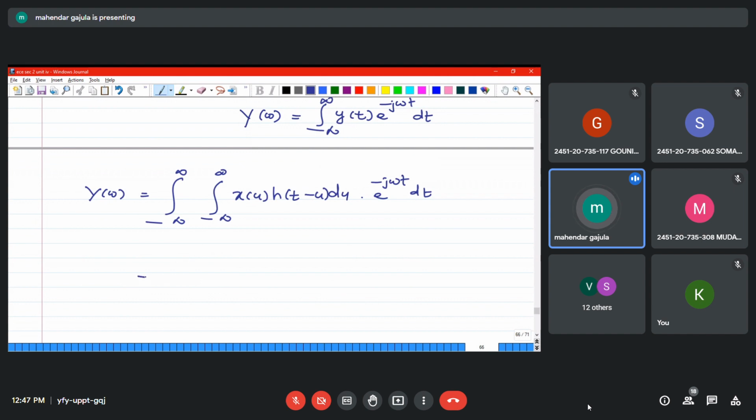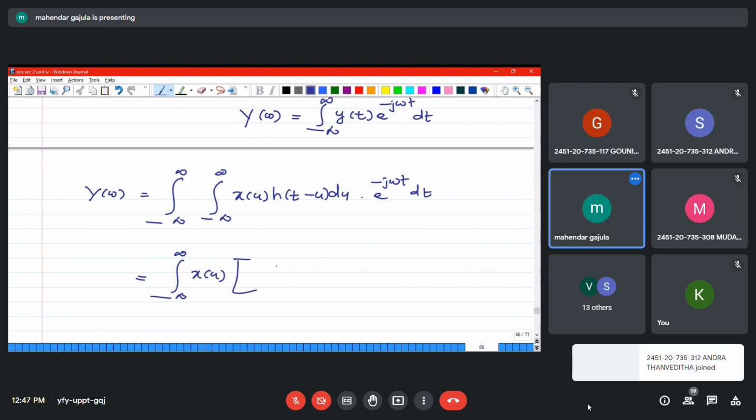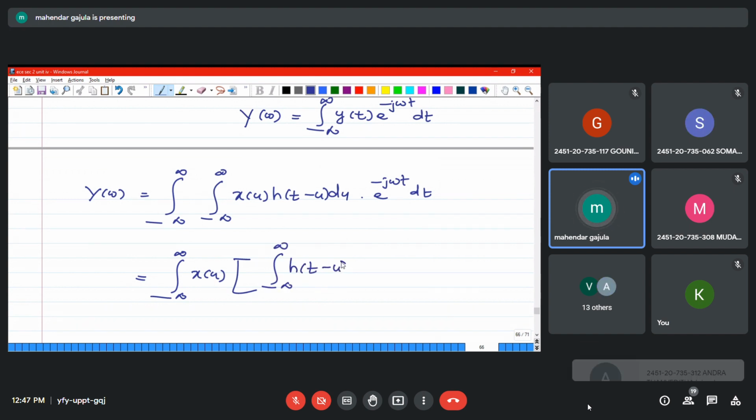Let us rearrange this as integral from minus infinity to plus infinity x(u), integral from minus infinity to plus infinity h(t minus u) e power minus j omega t, and just like adding j omega u minus j omega u so that they get cancelled, that leaves us e power minus j omega t only, dt du.